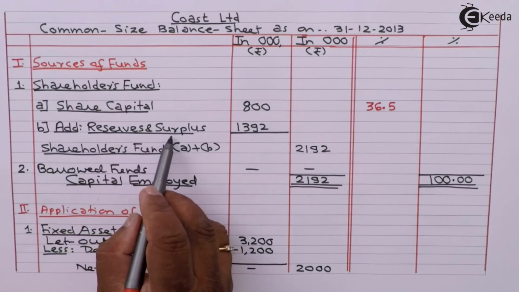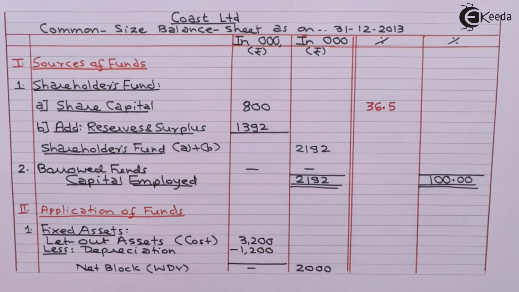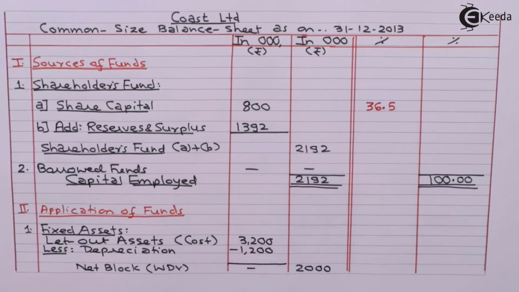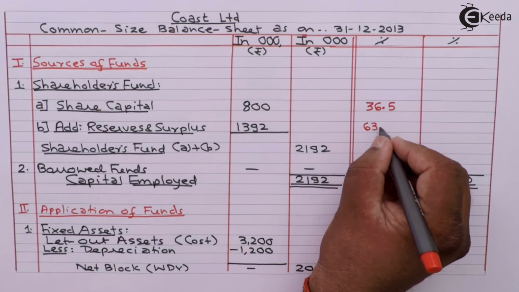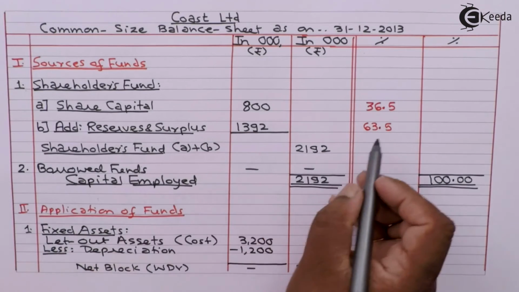Next, reserves and surplus 1,392,000 divided by 2,192,000 multiplied by 100. It is 63.5%.